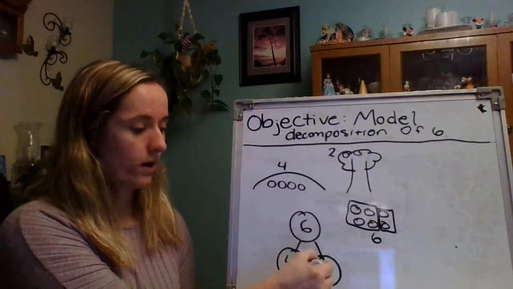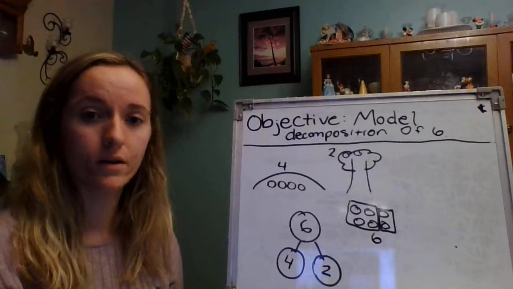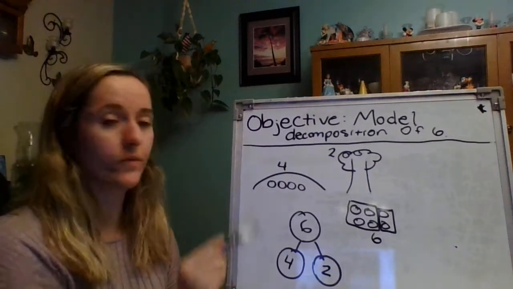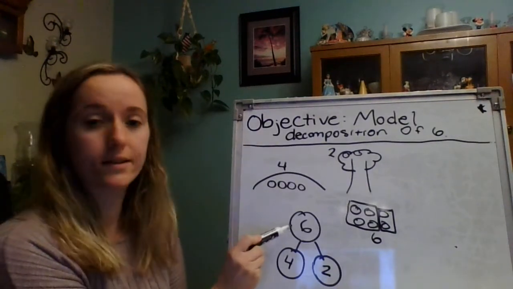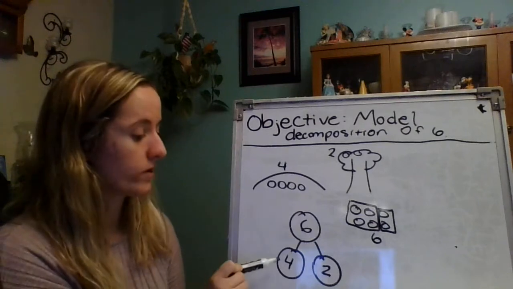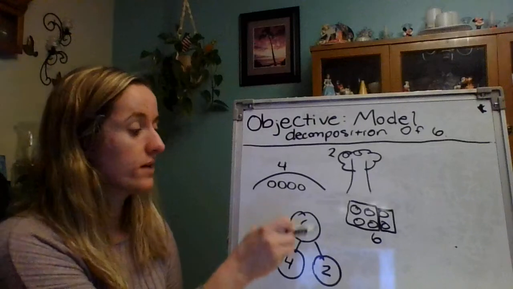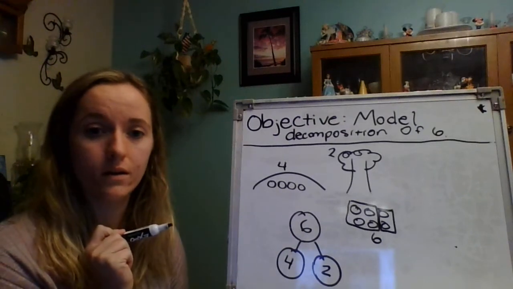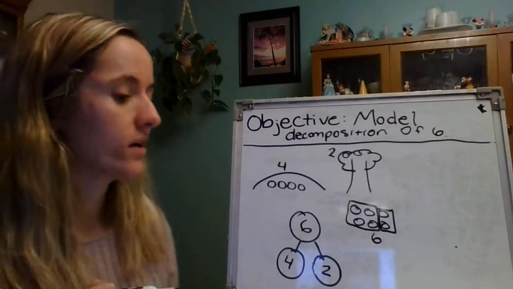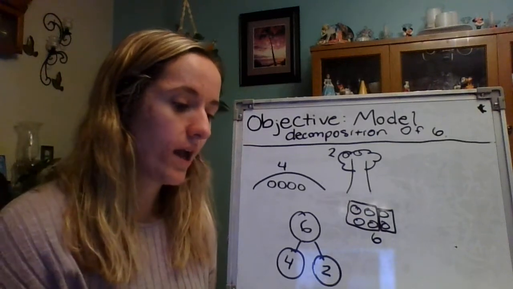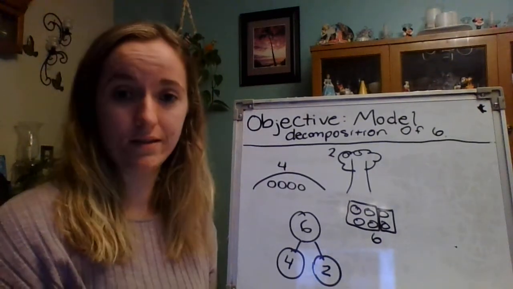I'm going to put my 2 here because that's my other part. So this is how our number bond is set up for this problem. He had 6 nuts all together. He put 4 underground and he put 2 in his tree. But he still has how many altogether? 6. Great job. So now we're going to figure out how we're going to write this. Okay?